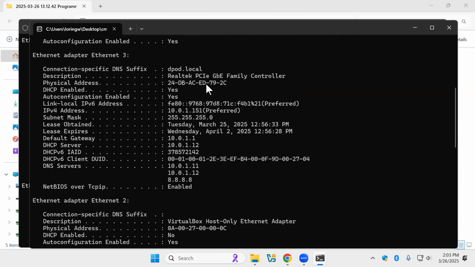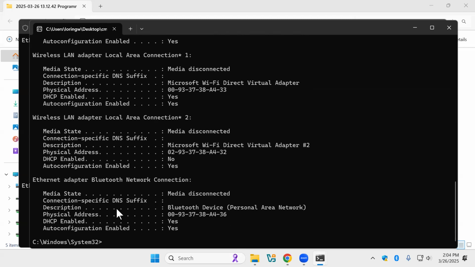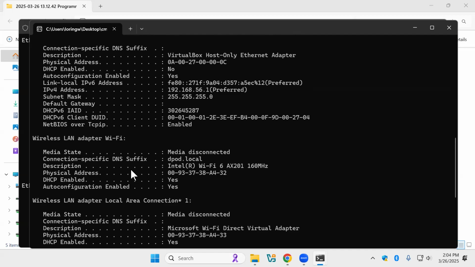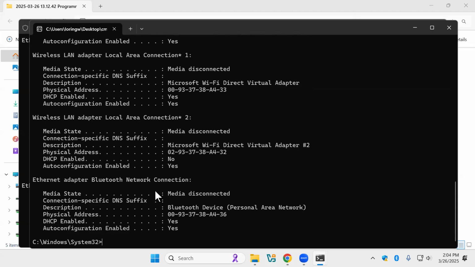Did that work? Yep. And you have to scroll up a little bit because there'll be a bunch of stuff. Each of these Dells has a wireless card and a Bluetooth card, and I don't know why it shows up with all these extra wireless connections. This is the actual Wi-Fi card, but it's not connected to anything. And then they each have a Bluetooth card, and actually the Bluetooth and the wireless are on the same card.